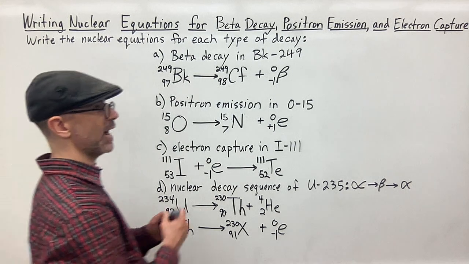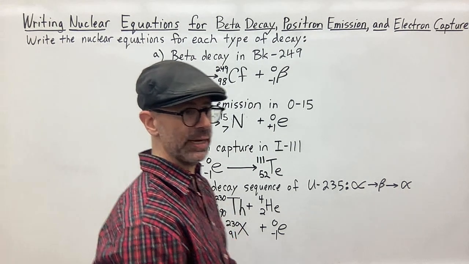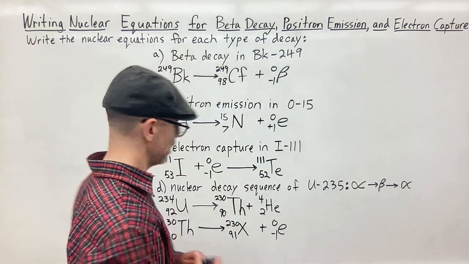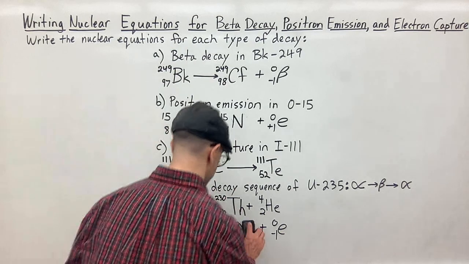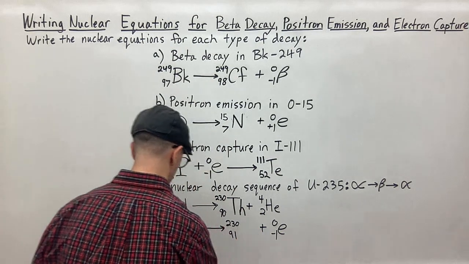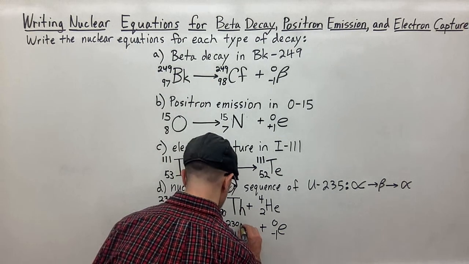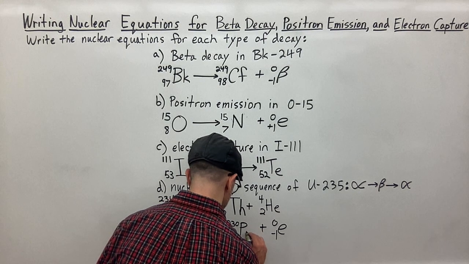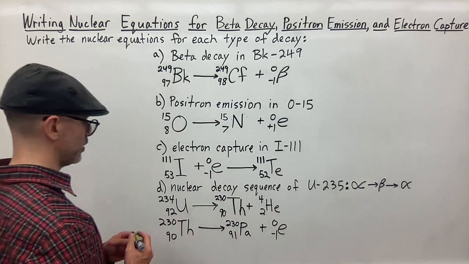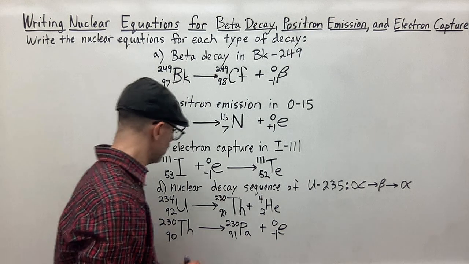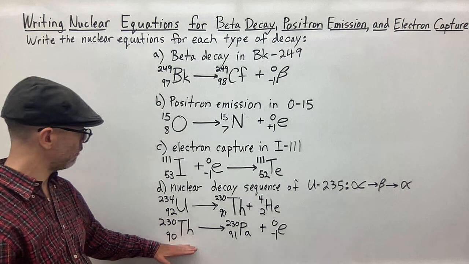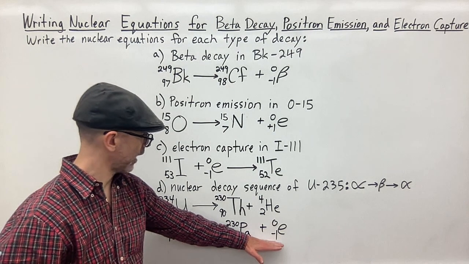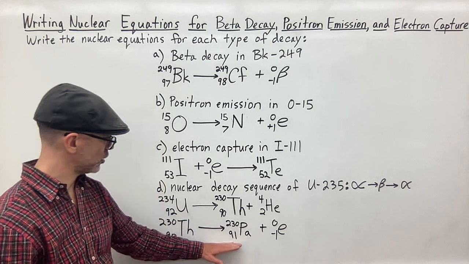And then I look up 91 on the periodic table, and it turns out that that's Pa, the symbol Pa. I think that's protactinium, not Pennsylvania. Okay, so now I've undergone the beta decay, and so my new daughter isotope is here.